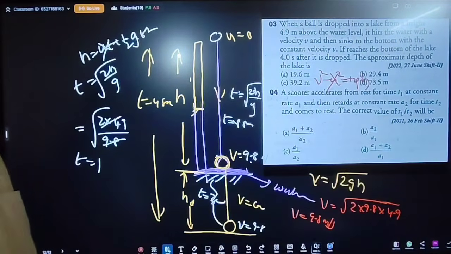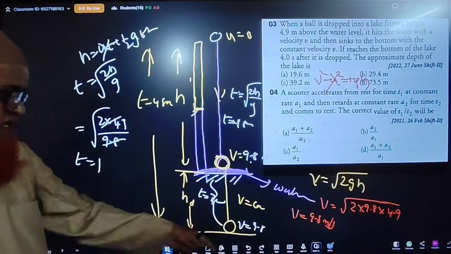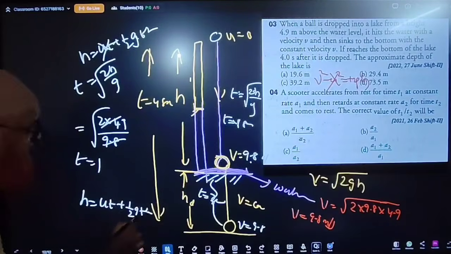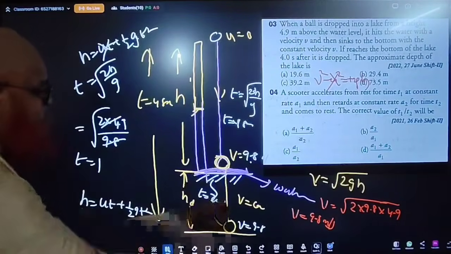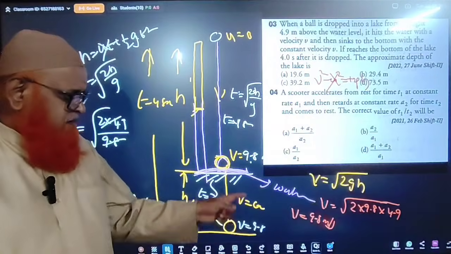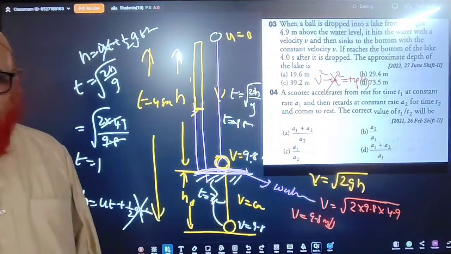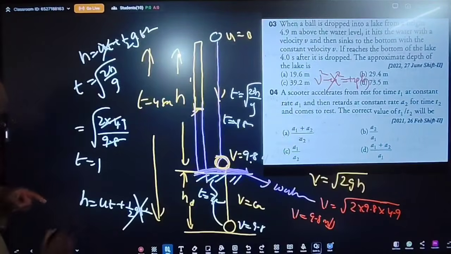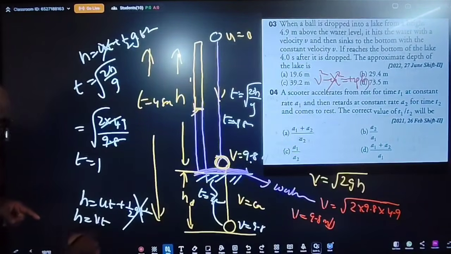Okay, and what is being asked to find out? The appropriate depth of the lake. See, when it is going with a constant velocity, you would normally use h is equal to ut plus half gt square. But when it goes inside with constant velocity, there is no g there. There is no acceleration. When a body goes with constant velocity, there is no acceleration or acceleration due to gravity. So this part goes, only this part is left, which is v into t.